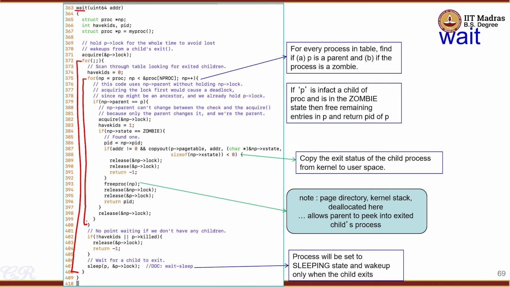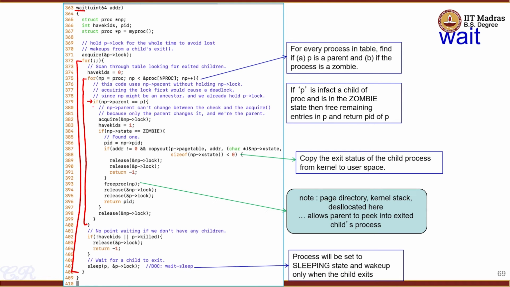So this inner for loop identifies if any of the children have exited. The way it does this is by traversing through the proc array, or the proc table, and identifies if this process is the parent of any other process, and if that process NP is in the zombie state.